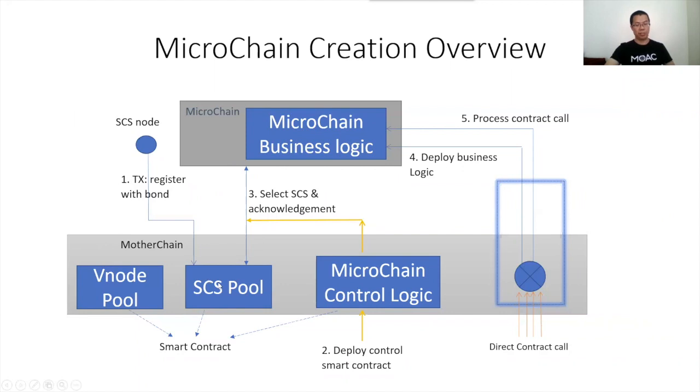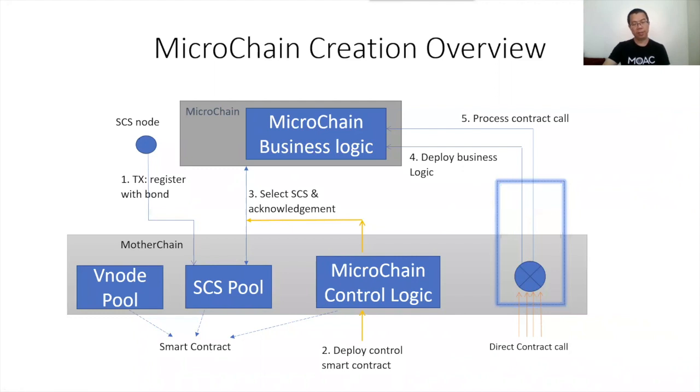We have a SES pool, and SES nodes need to register with a bond. That creates an entry barrier to get rid of automatic registration, so that if you do something bad, your bond will be forfeited.